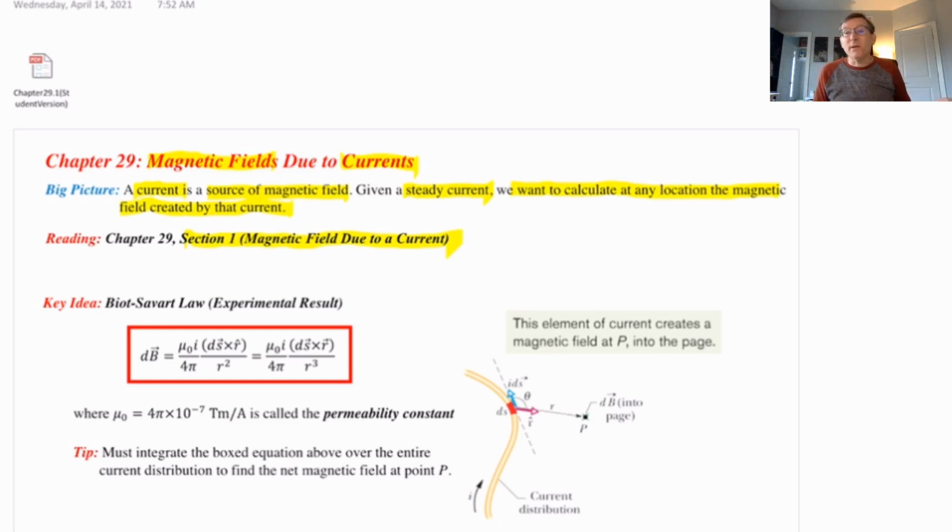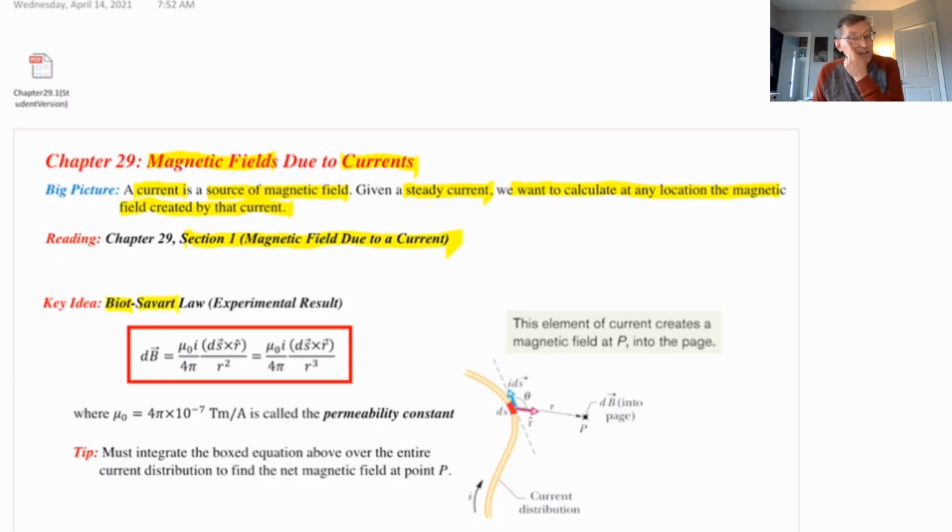And it is an experimental result. Okay, named after some individuals, and they did some of the experiments, and so they get it named after them. Their last names are Biot and Savart.